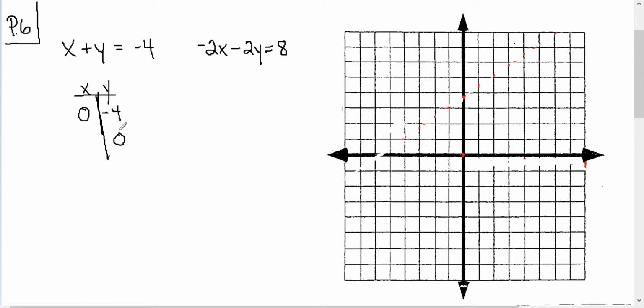When y is 0, x is negative 4. Plot and draw the lines. So I got 0, negative 4 here. And negative 4, 0. Left, 1, 2, 3, 4.